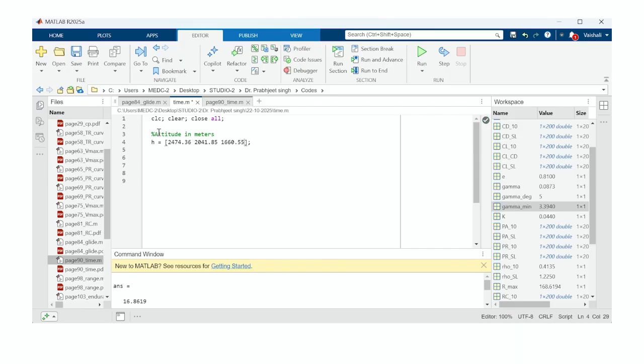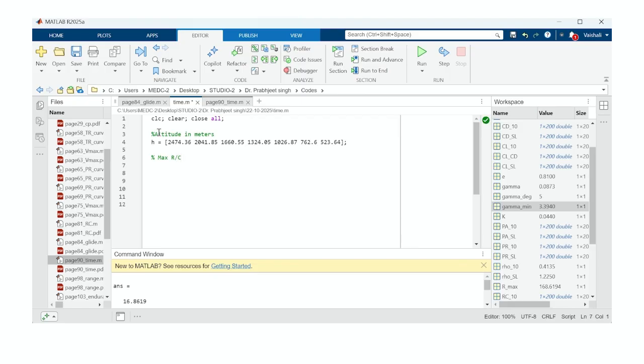1660.55, 1324.05, 1026.87, 762.6, and 523.64. All right. So similarly, I have to write here the maximum rate of climb at these altitudes.